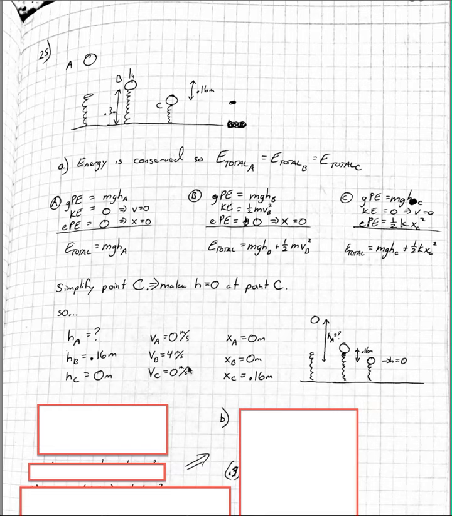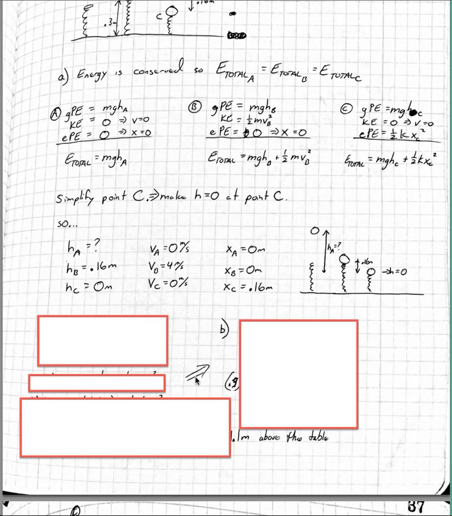And so this is what my height, my velocity, my compression, my x value would be for the different points. Now if I look at this, I don't know the mass. That's not fun, but if I pick the right ones of these, I can maybe get around that.